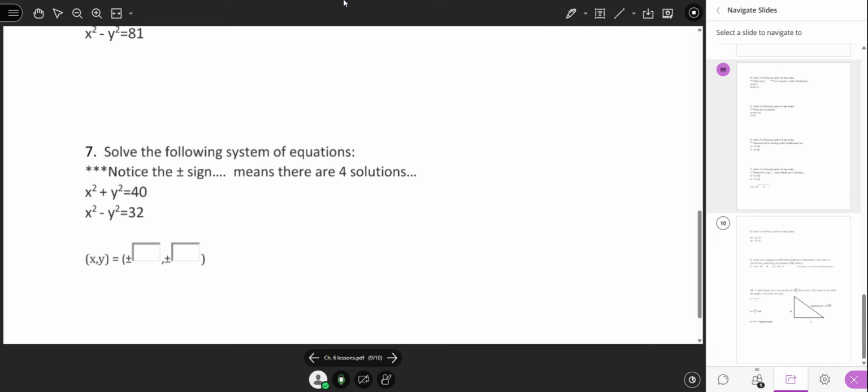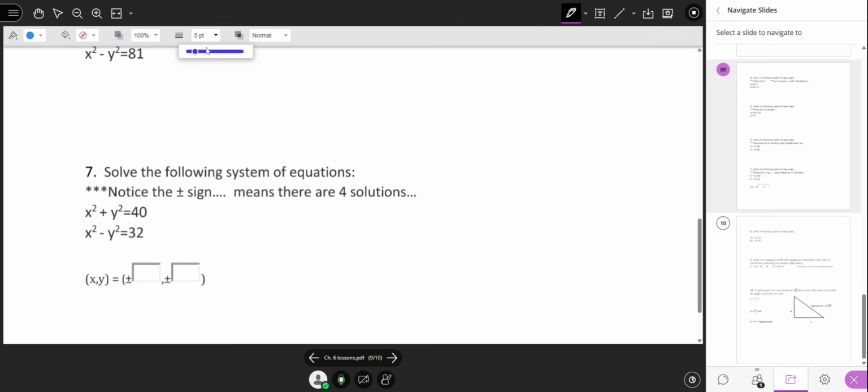Notice with what I just put in Desmos, it's got plus minus 6, plus minus 2. So even though there were 4 answers, it looks like I've only put one answer in. But really, that represents 4 answers.